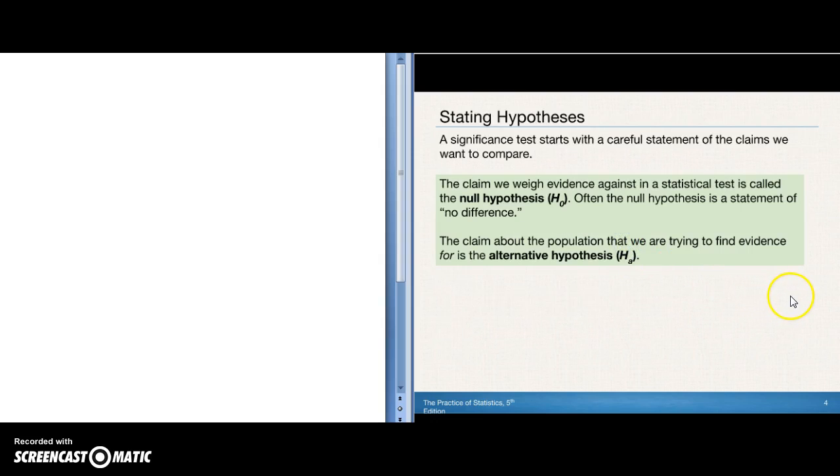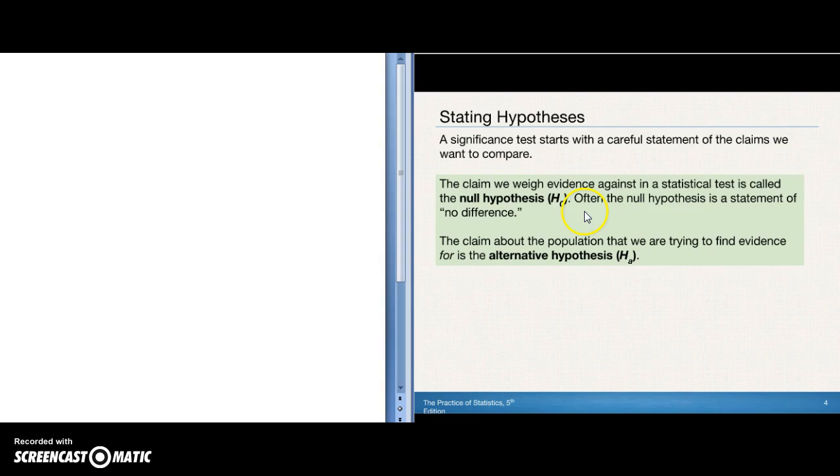So stating a hypothesis, what does that mean? A significance test starts with a careful statement of claims that we want to compare. We have something called the null hypothesis, and we shortcut that to H sub 0. Often the null hypothesis is referred to as no difference. It's whatever is stated by a company, whatever we think is happening.